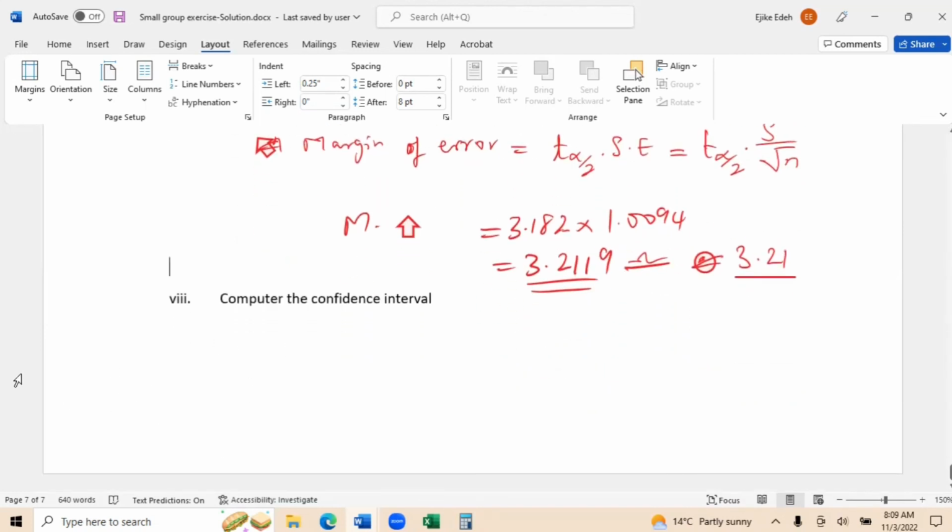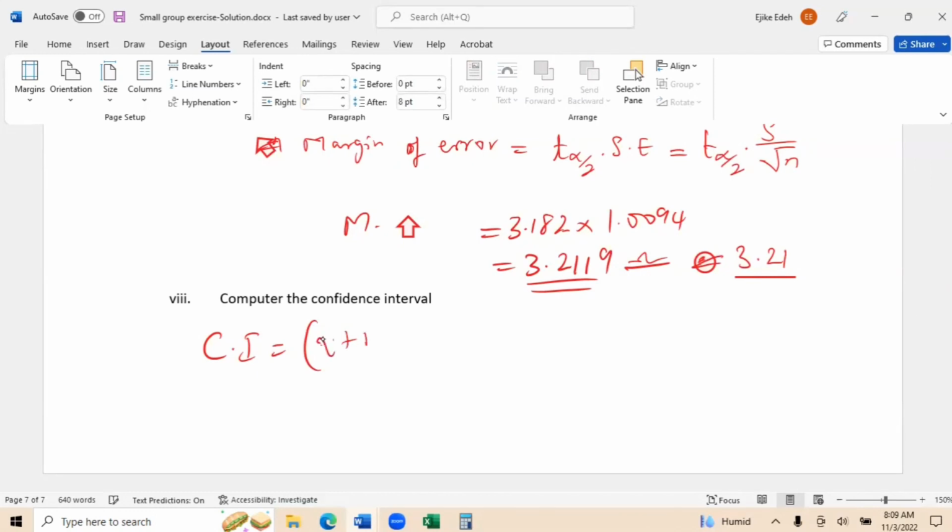Compute the confidence interval. Now you've got every piece you need, right? So we know that the confidence interval is the mean plus or minus the margin of error.